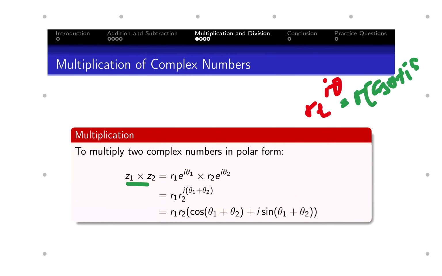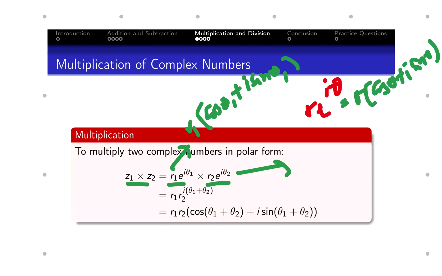So in this case now, Z1 is r1 e^(iθ1) and Z2 is r2 e^(iθ2), because we know already that this is r1 into (cos θ1 plus i sin θ1). And then we know this is something close to that, r2 into (cos θ2 plus i sin θ2). But instead of wasting time with this, because if you have to multiply these two, it is going to take a long way.